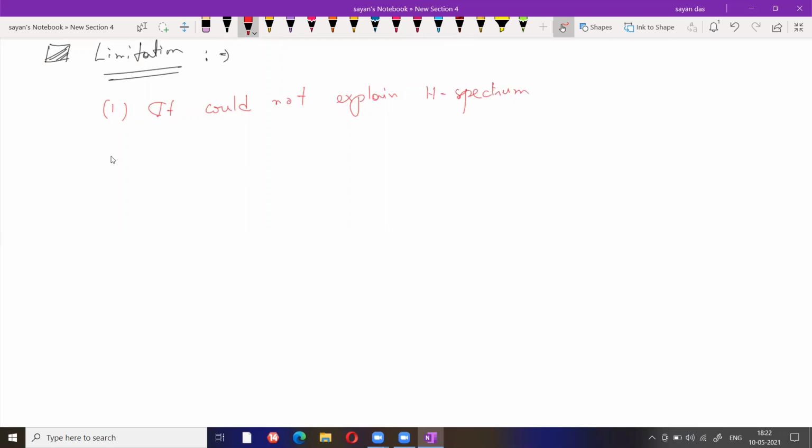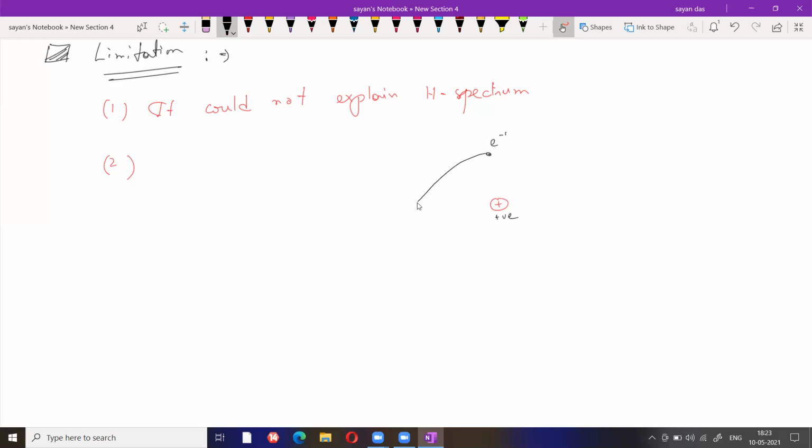And the second one. After Rutherford's discovery, the scientist Maxwell said that when two opposite charges move around each other, suppose this one is an electron and this one is a proton, or the nucleus, a positive charge, both are opposite charges.